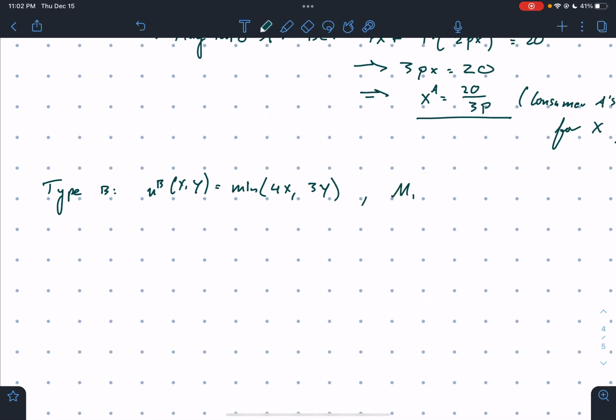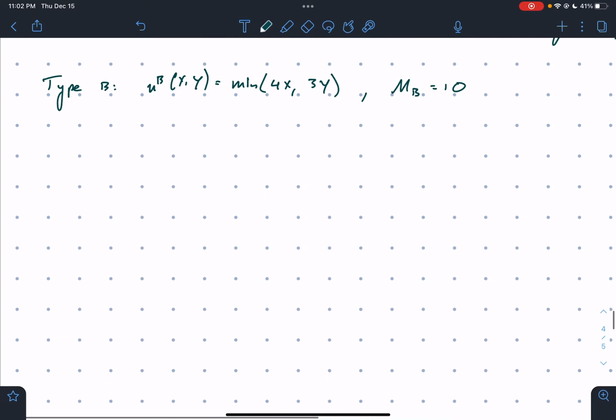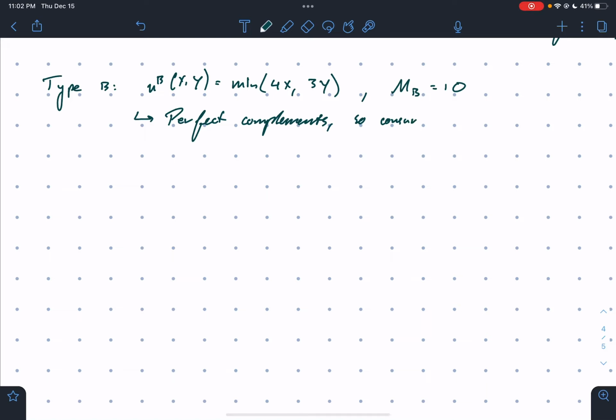And they have income of 10. So what we're going to do here, these are perfect complements. So the consumer will set 4x equal to 3y.